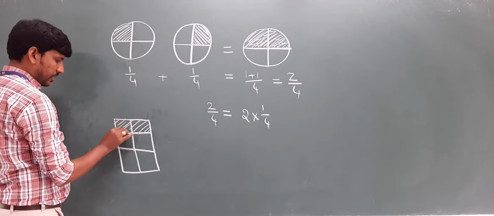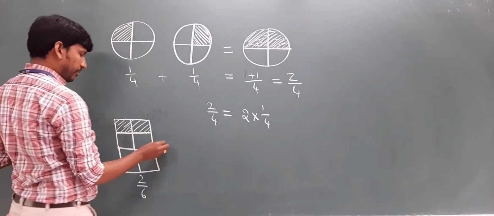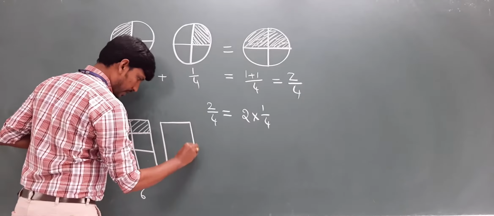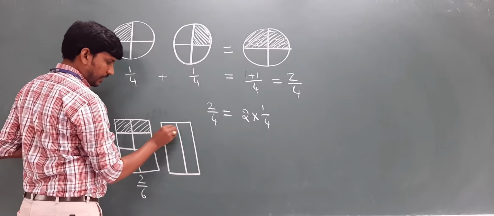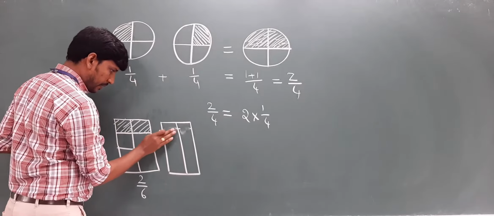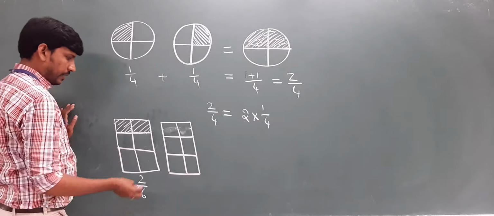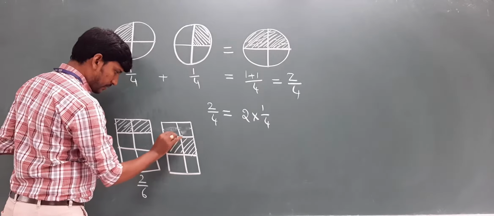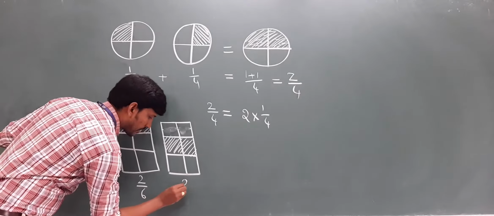These are 2 parts I am taking, that is 2 by 6. I am taking one more square, or rectangle, let's take a rectangle, sorry. So I am dividing the rectangle into 6 equal parts. I am taking these two shaded parts. So both are rectangles, and this is also 2 by 6 part.